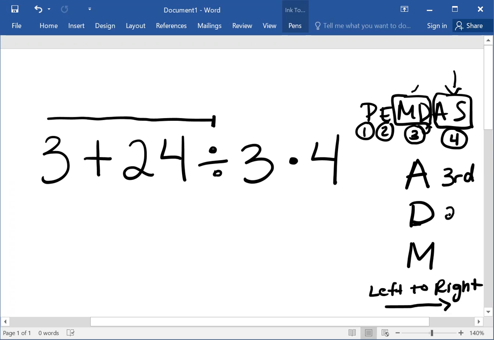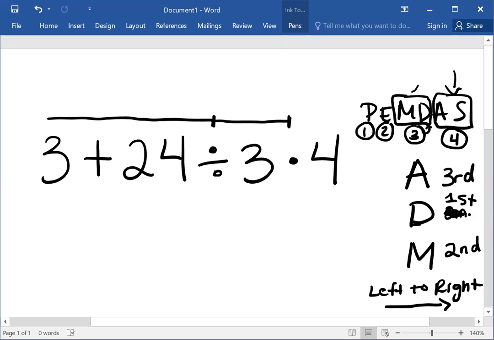So I know that division is going to be the first thing, not the second, the first thing that I do. And then if you were to keep going, you would eventually get to the multiplication part, but that happened after the division. So multiplication actually has to happen second in this problem versus in the previous problem, where multiplication happened first. So this is where you have to be careful.